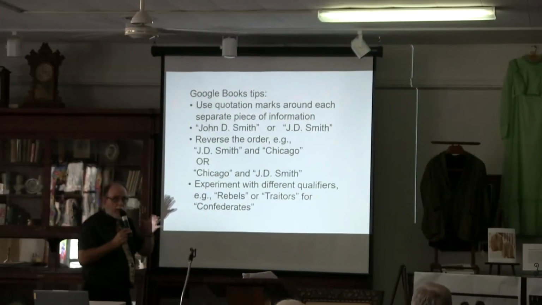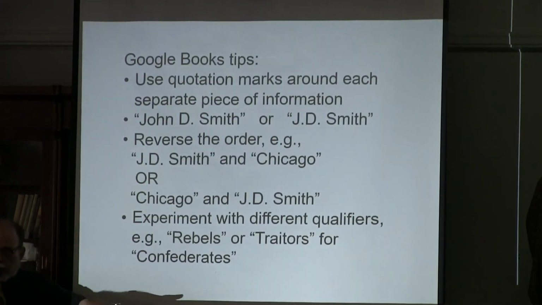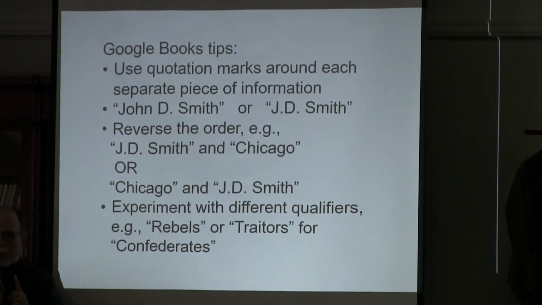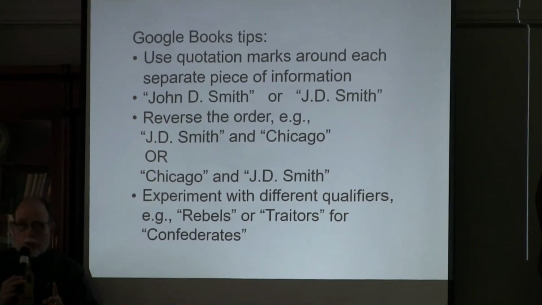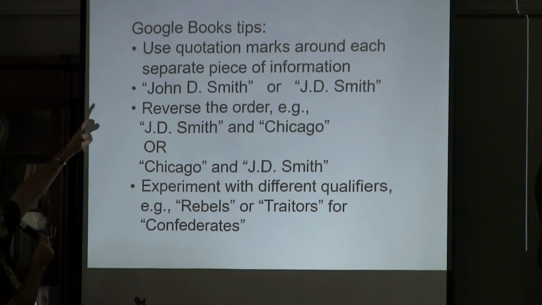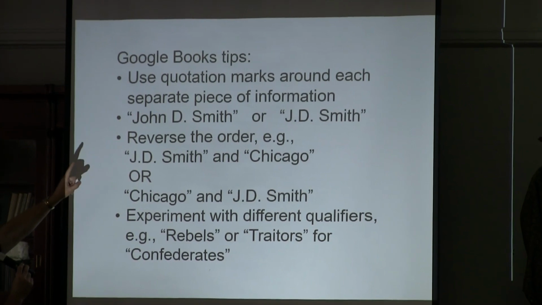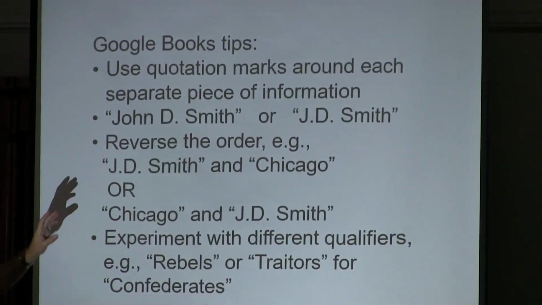So now we're going to get down into the weeds about Google Books. These are my best suggestions for using Google Books. First, we've already talked about this. Use quotation marks around each separate piece of information.